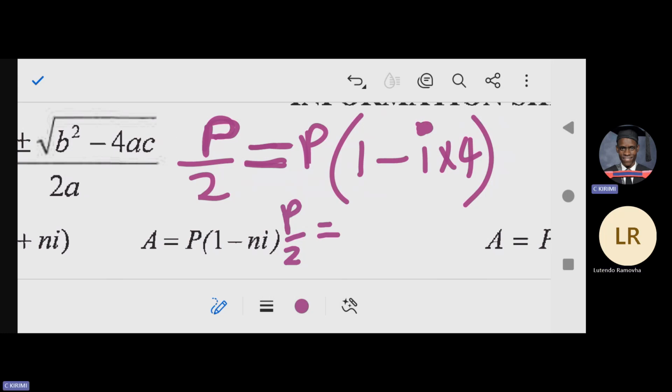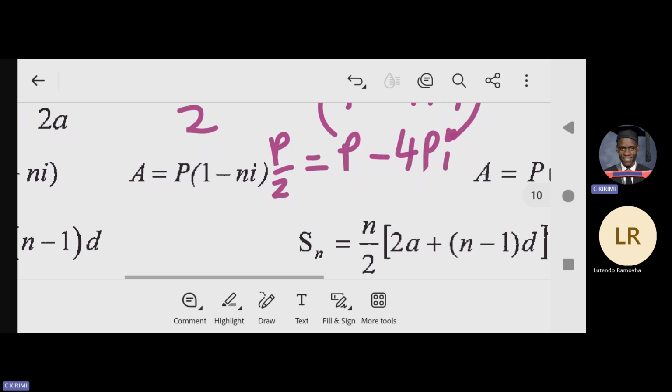P times 1 gives you P. Then P times minus 4I is minus 4PI. Our mission is to find I.